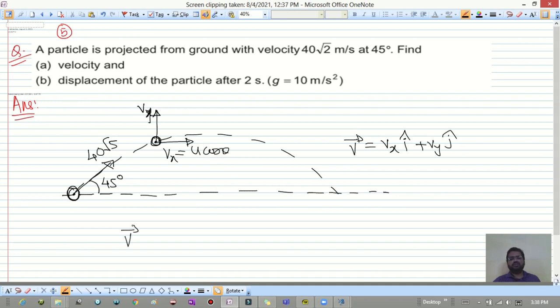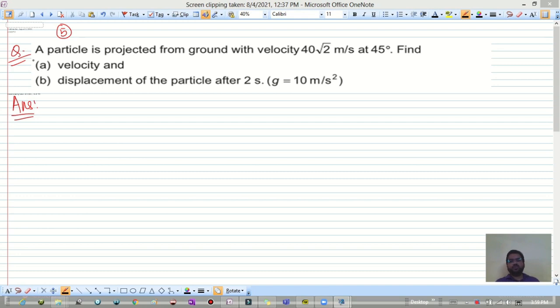So v bar is equal to u cos theta in I hat, plus vy. Vy will change, right? It is u sin theta minus g into time t. Why? Because final velocity is vy, initial velocity is uy, and the acceleration is always in the downward direction, that is g. So minus gt in j hat direction.